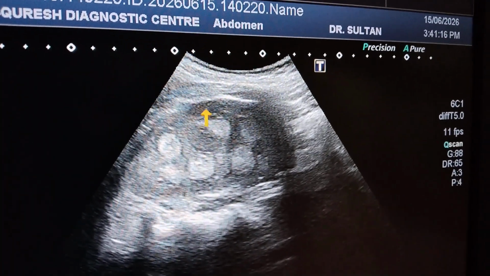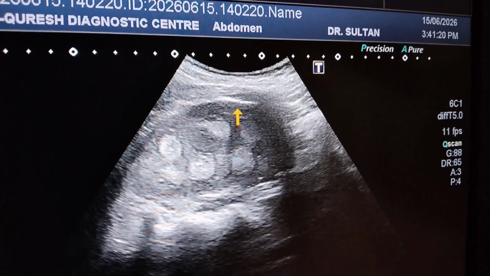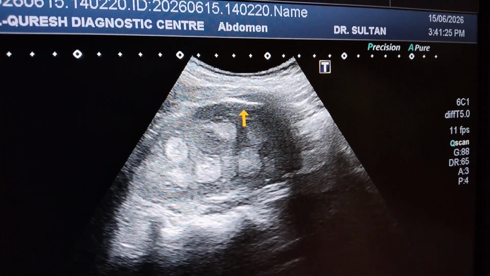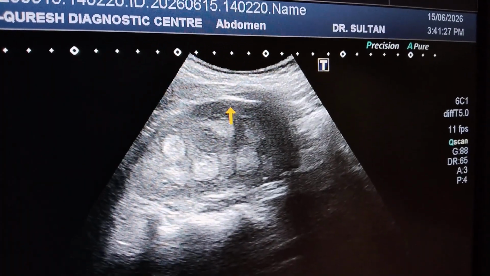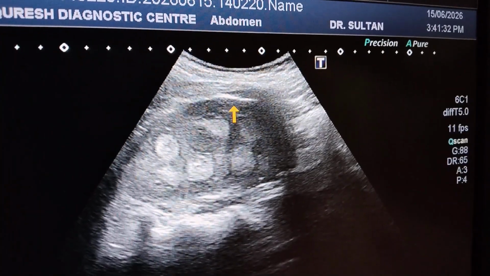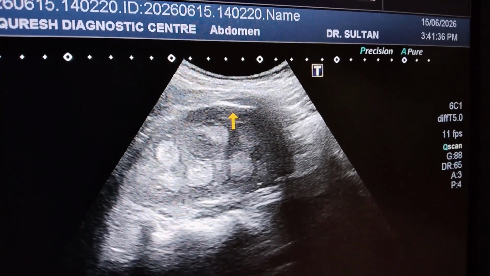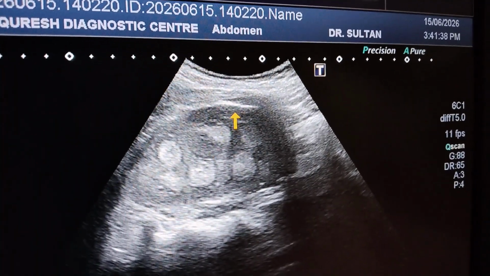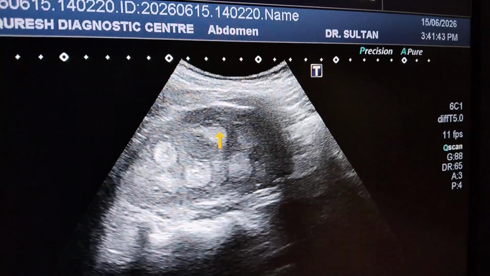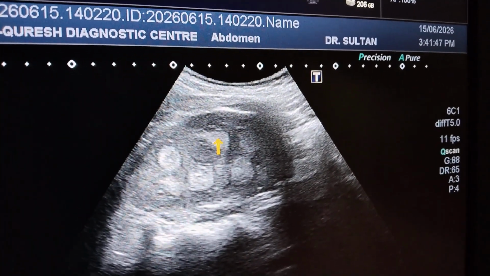We already know that most of the blood supply goes to the cortex. Almost 80 to 90% of the blood flow goes to the cortex because these contain the glomeruli, nephrons, which work for the filtration. So most blood flow goes to the cortex and less blood flow goes to the medulla or pyramids.